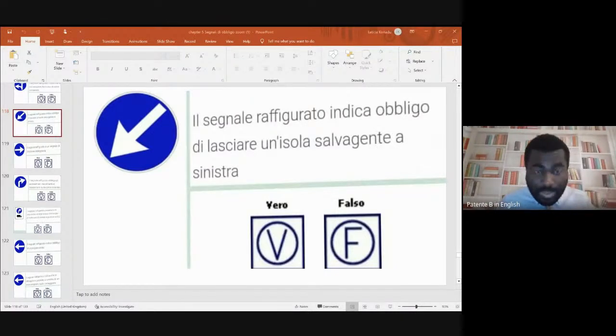No. The law says that I must leave the obstacle on my right-hand side so that I can pass on the left-hand side of the obstacle. As always, be very attentive with the questions, because there's always something tricky around the corner.